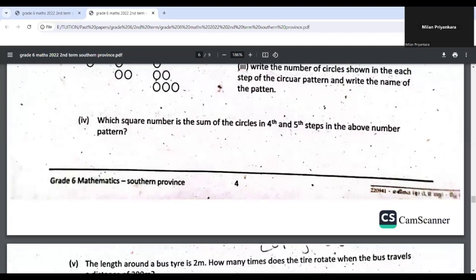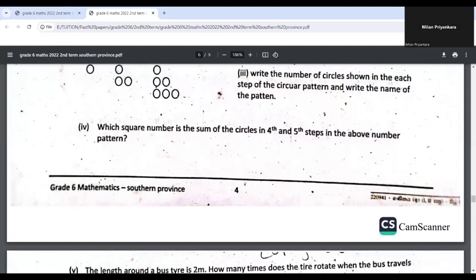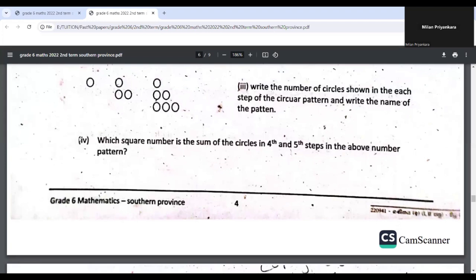Which square number is the sum of the circles in fourth and fifth steps of the above number pattern? For that, we need to see what the fourth step is. Here we have only 3 steps, right? So the fourth step will be something like this.